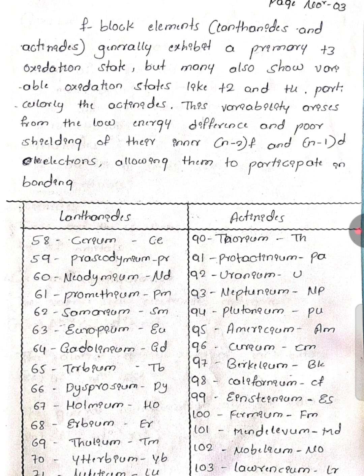This variability arises from the low energy difference and poor shielding of their inner (n-2)f and (n-1)d electrons, allowing them to participate in bonding. Lanthanides are 14 from cerium to lutetium, actinides from thorium to lawrencium.